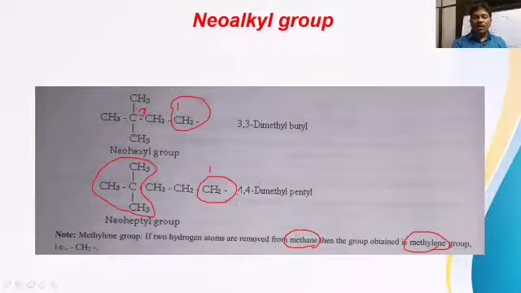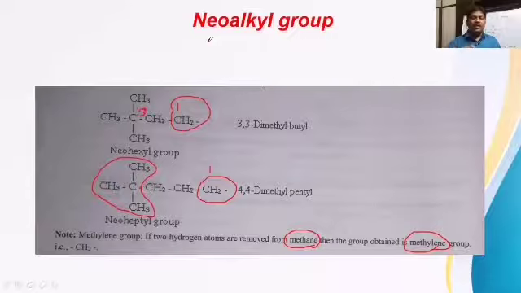So a methylene group at one end and a tertiary butyl group at the other end will make the alkyl group a neo-alkyl group. So neo-alkyl group, iso-alkyl group, N-alkyl group: these are different types of alkyl groups. So far we have discussed alkyl, alkenyl and alkynyl groups. Again in the alkyl groups we discussed N-alkyl, iso-alkyl, neo-alkyl, secondary alkyl, tertiary alkyl.